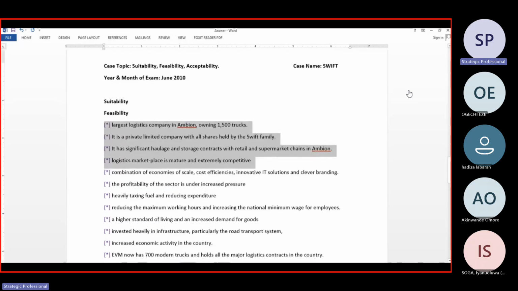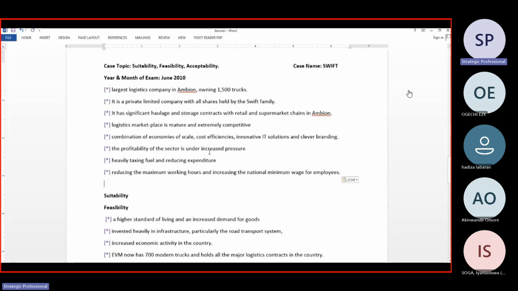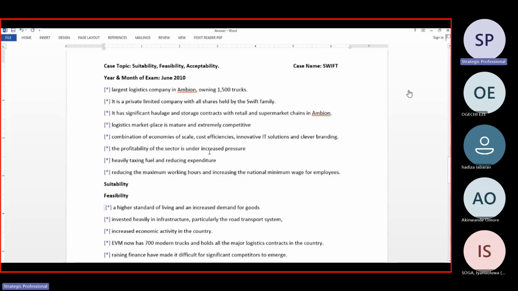They are into logistics, and the marketplace is mature and extremely competitive. This company seems to have a combination of economies of scale, the profitability is under pressure, heavily taxing fuel, reducing the maximum number of hours. So this is all about the general information that we need to know. So we'll start from here.